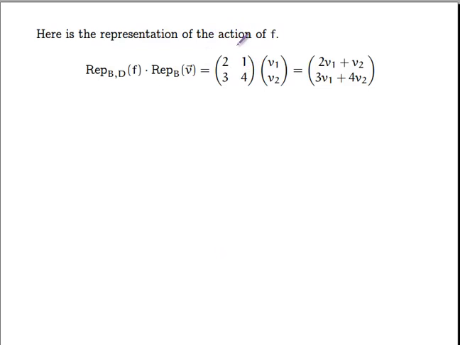Now, if we consider the action of f on v in terms of the representations, then this result will be the representation with respect to d of f of v. But that's how we get it. We take the matrix and multiply that by the representation with respect to the domain basis of the vector v. Okay? If we do this matrix multiplication, we get this result.